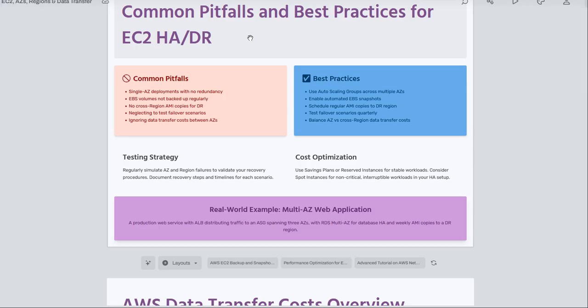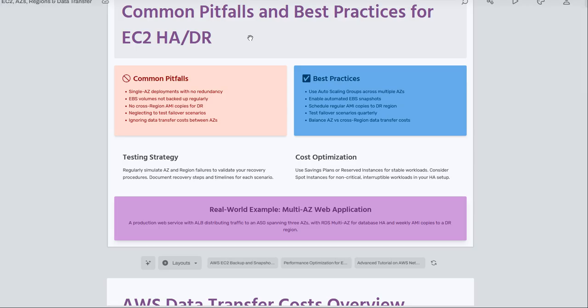If you're doing it manually, it's not backed up. Also no cross-region AMI copies for disaster recovery, meaning you don't keep copies of machine images in the DR region, and neglecting to test failover scenarios. You need to make sure your failover scenarios are working, maybe check once a month or so.